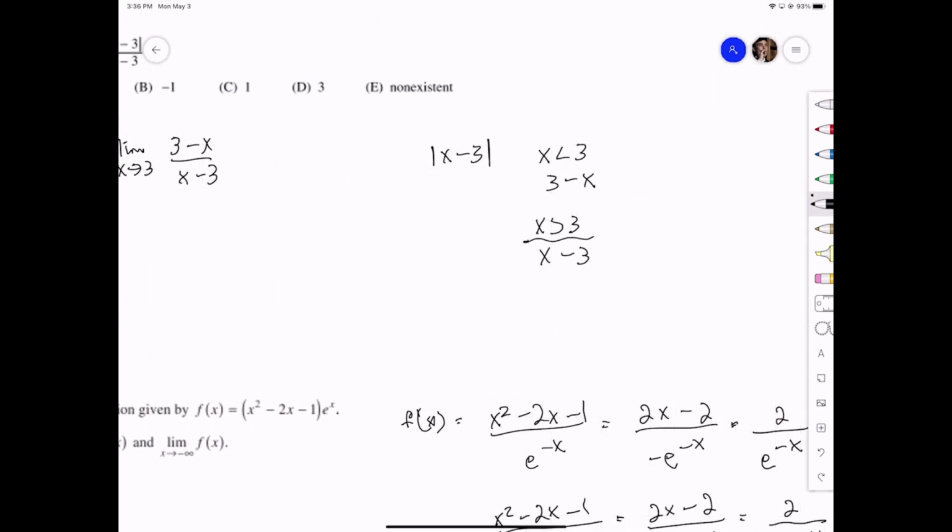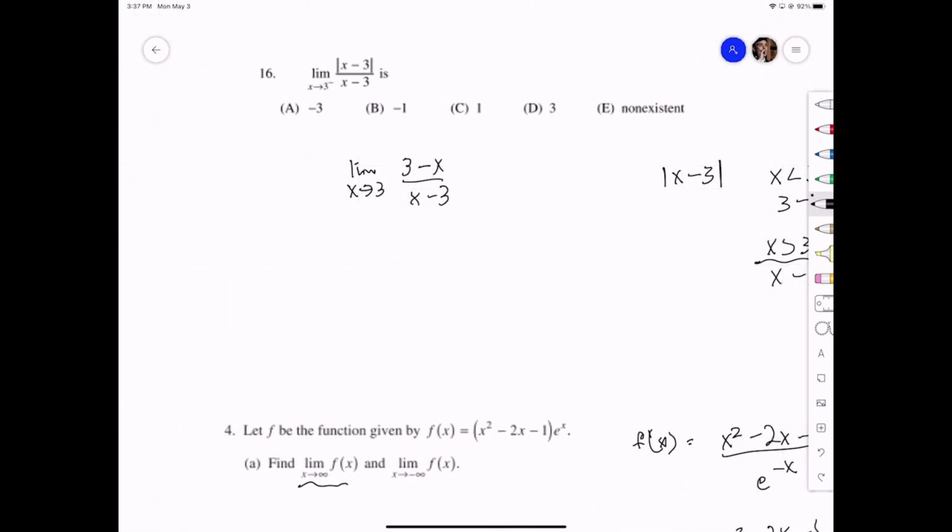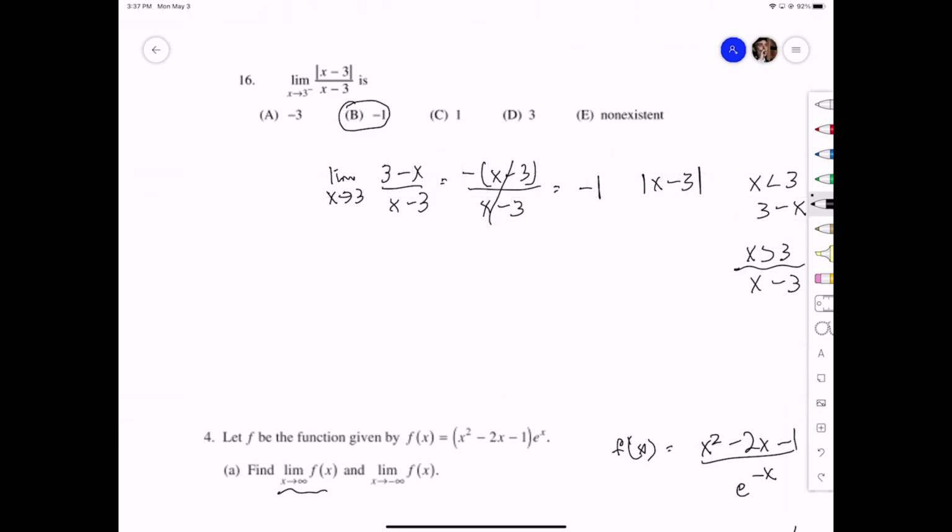That makes sense, because you want the absolute value to always be positive. But if x is less than 3, so for example 2 minus 3, that would be negative. So it's basically 3 minus x when x is less than 3. So you can factor out a negative 1, and then you get negative 1. So B is your answer. Any questions on that? That can be kind of confusing, but yeah.